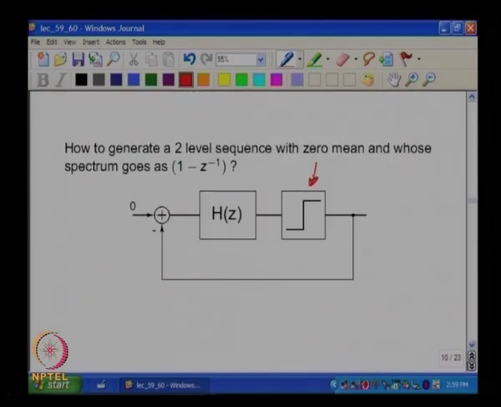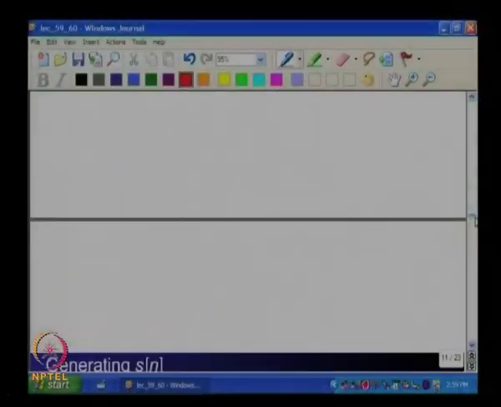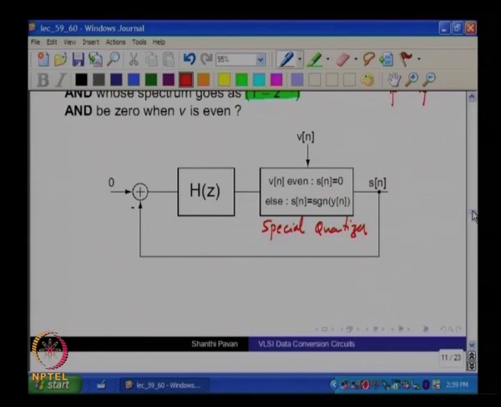We have a block which satisfies our conditions, where there was only one, that is you want this sequence to be a 2 level sequence, right. The only departure from that is now that I have a lot more conditions on my sequence, right. It should be 3 level, it should be odd when something is happening, right, okay.